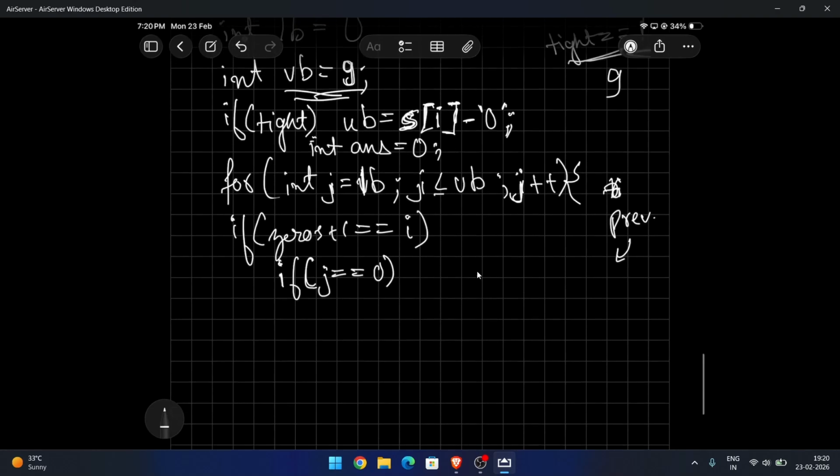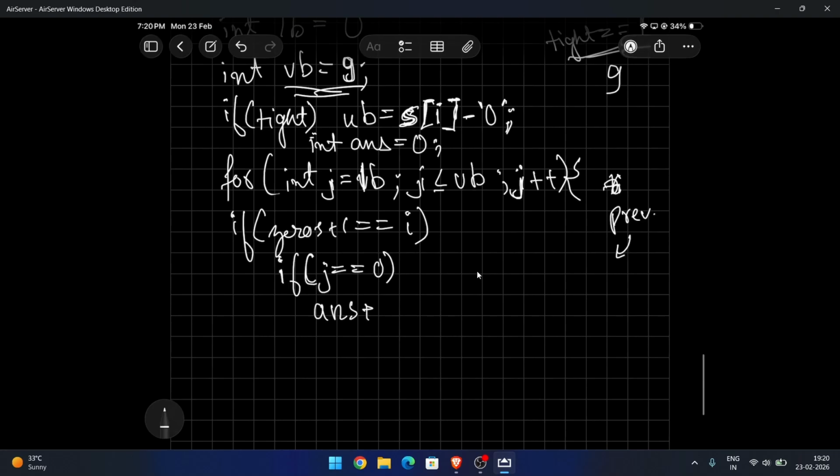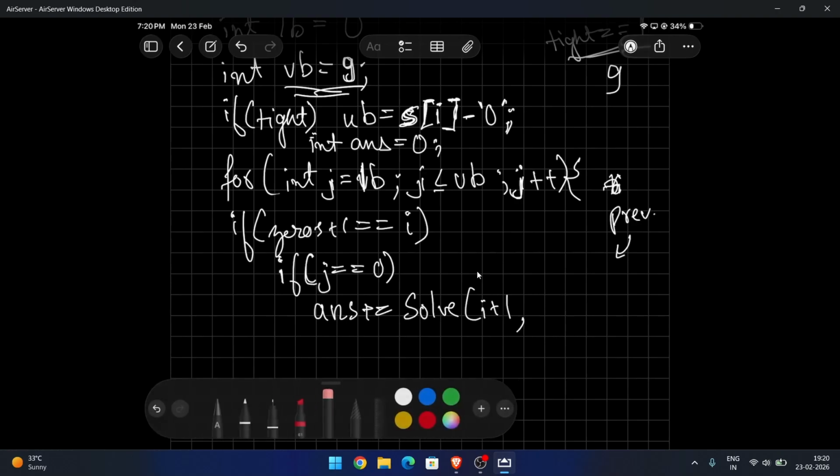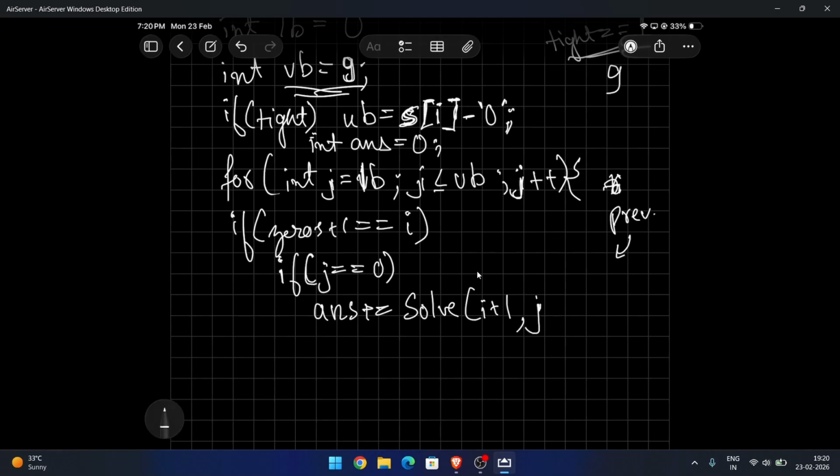If so, we would put answer plus equal to solve for next number. The previous would be 0, that is the current number, and the zeros would be zeros plus 1.